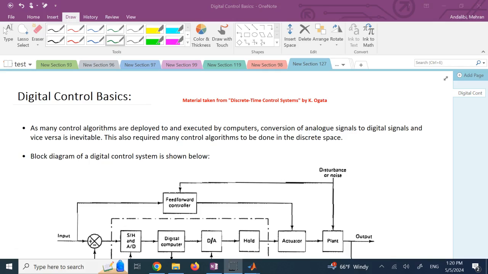Your microcontroller, the computers, anything that you use, the PLCs that you use for controlling systems, they are digital by nature. So since these control algorithms are deployed to and are executed by computers and digital devices, it's imperative, it's inevitable that you have to learn how to work with digital systems and to do these control algorithms in the discrete space.